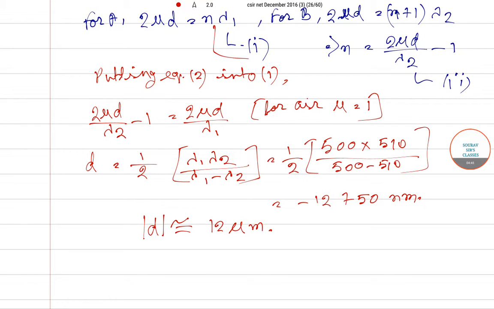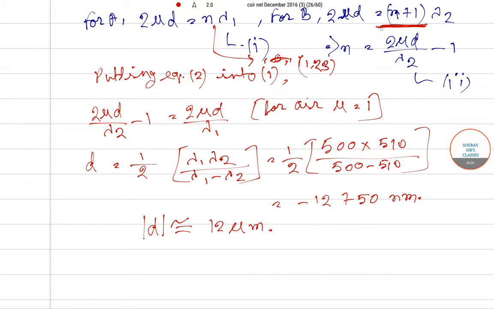Here this n means 1, 2, 3, not 0. For point A, 2 mu d equals n lambda 1. For point B, lambda 2 is another point, so here we write n plus 1, the next order after n.